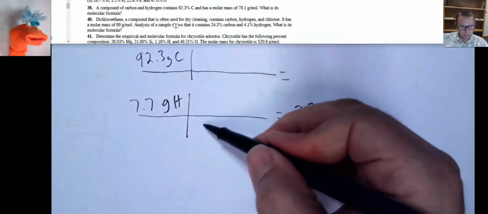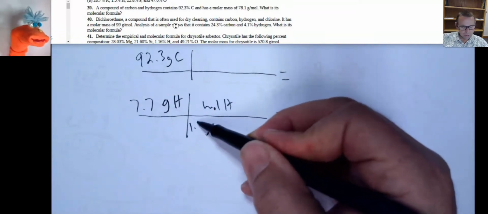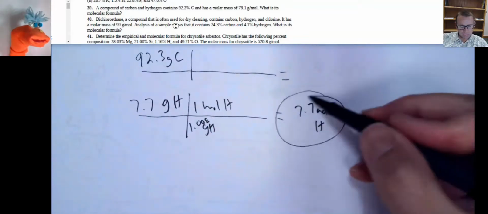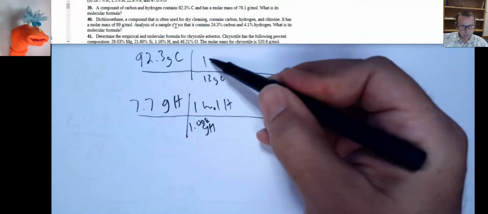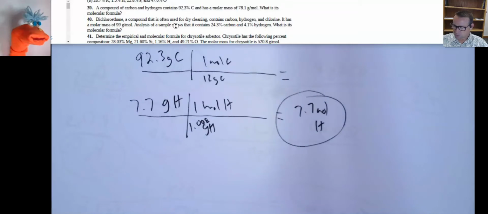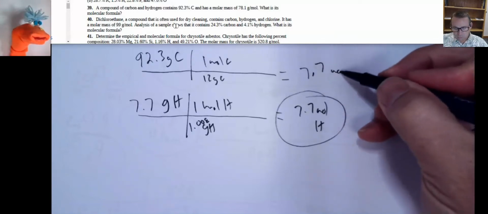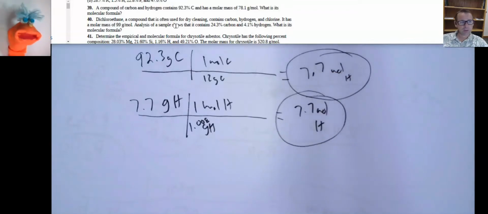Remember, grams of hydrogen to moles. It's 1.008 grams for every 1 mole. And then carbon, 12 grams of carbon for every 1 mole of carbon. So 92.3 divided by 12 is 7.7 moles, and 7.7 moles of hydrogen. Oh, they're the same, huh?